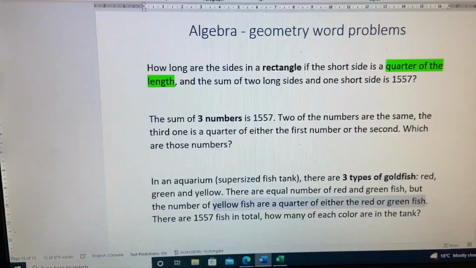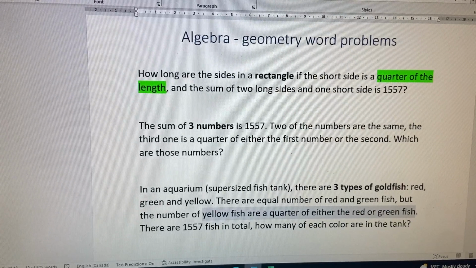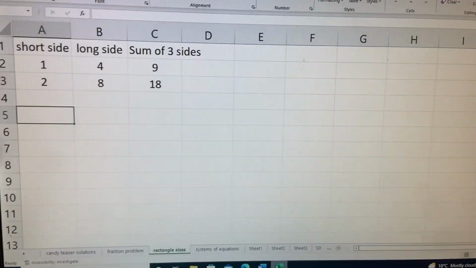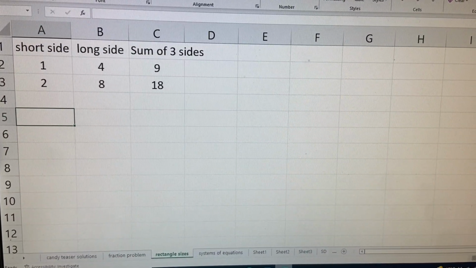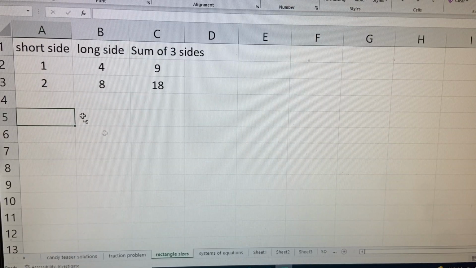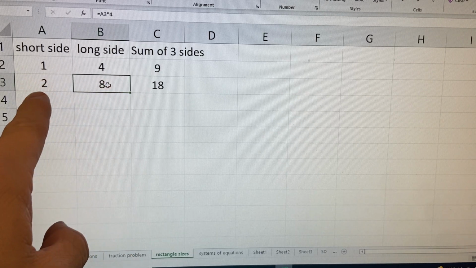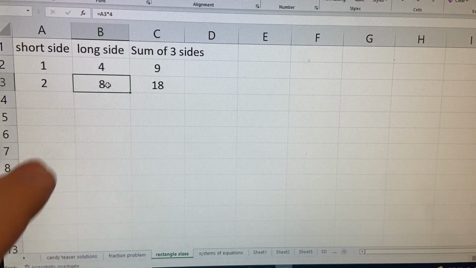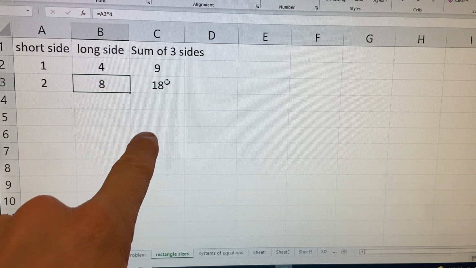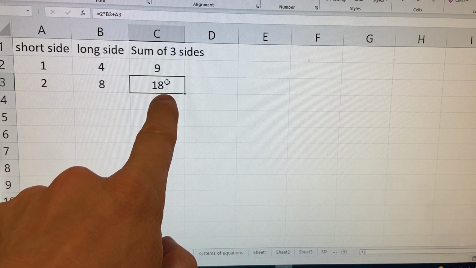Have a look at this spreadsheet on the screen, and it is looking like this. There's the short side, there's the long side, and the sum of 3 sides, and exactly the same figures are featured. So I just put in 1 and 2 for the next one, and in this cell I'm just quadrupling, multiplying by 4 whatever is in this cell, and this makes the sum of 3 sides.